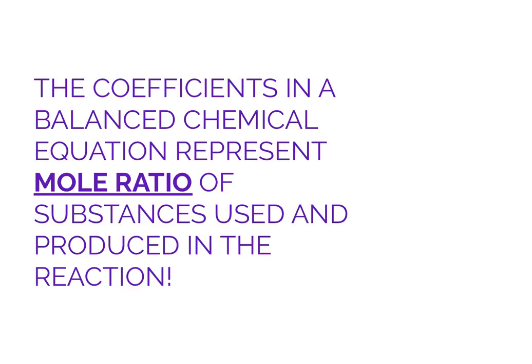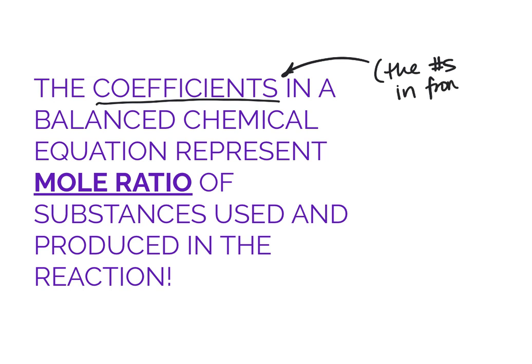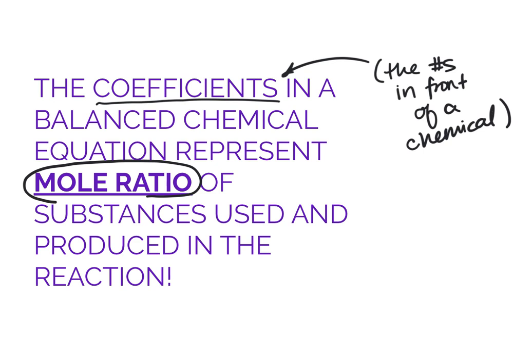So if we look at a chemical equation, let's say we're looking at this, those 2's, those coefficients. So I'm going to put a little note here. The numbers in front of a chemical, so these are the big numbers out in front in a balanced chemical equation, these represent the mole ratio of substances used.